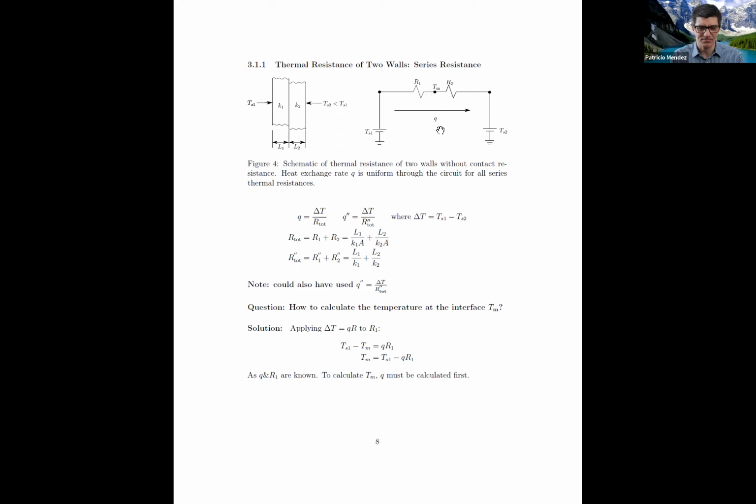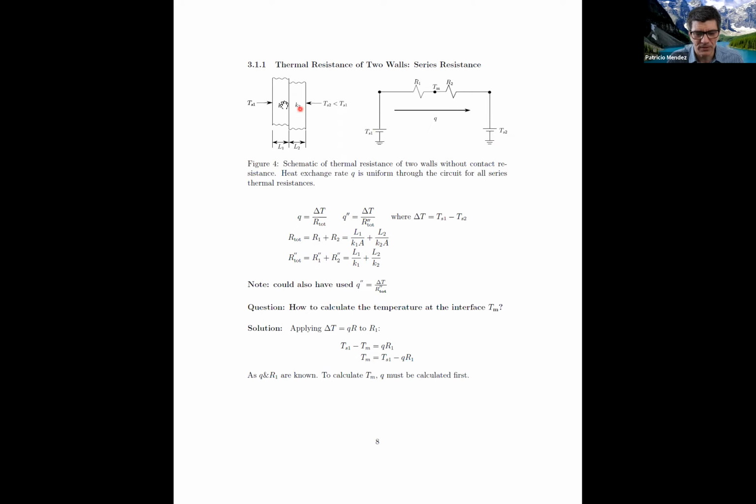And so here we have this battery that represents the temperature on one surface of the left wall, and another battery that represents the temperature on the opposite surface of the other wall. And the heat is going to flow from one to the other.